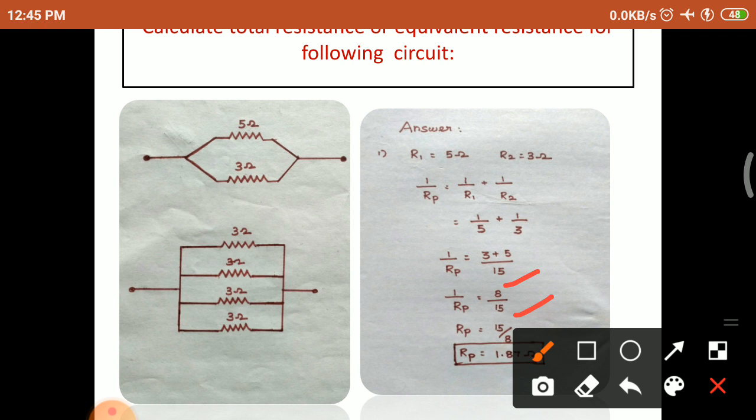Rp is equal to 15 by 8. When I divide 15 by 8, I got 1.87 ohm. So the equivalent resistance for this circuit is 1.87 ohm.